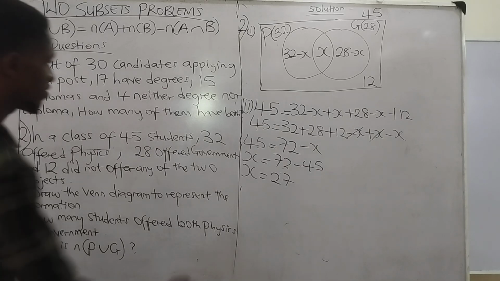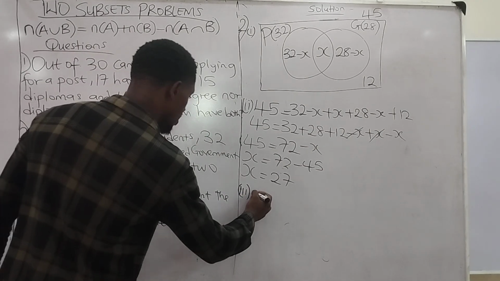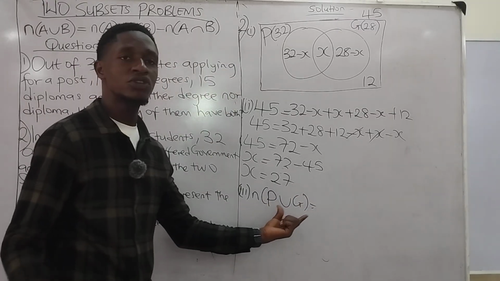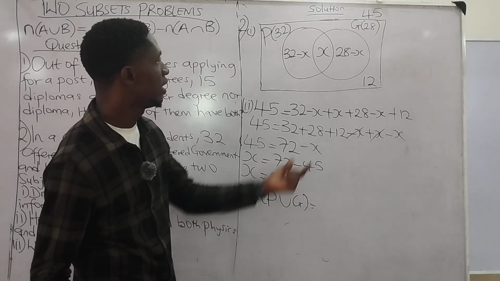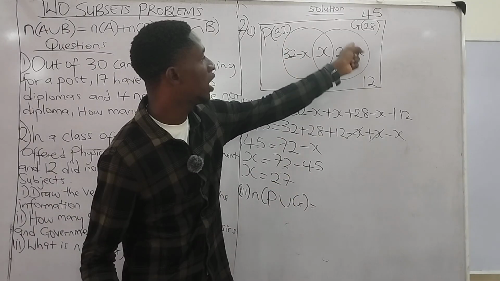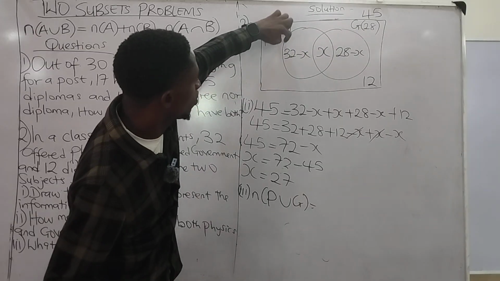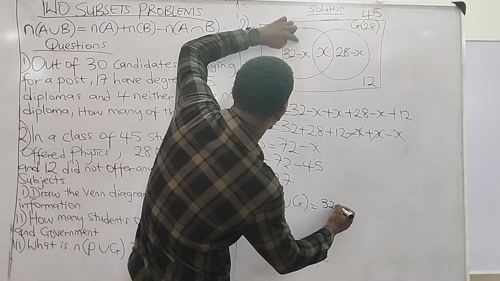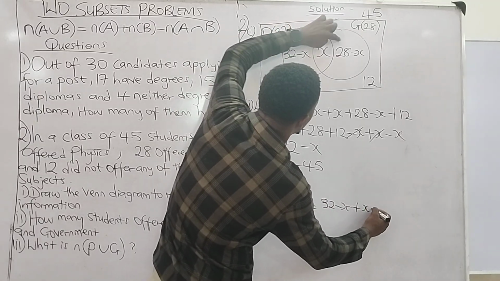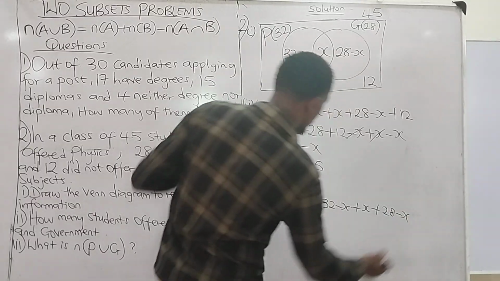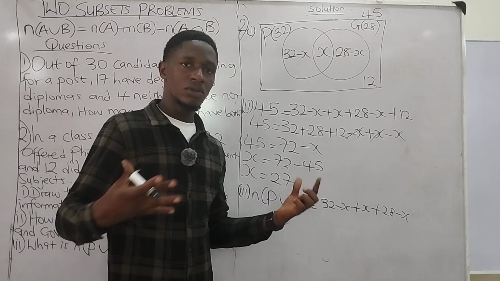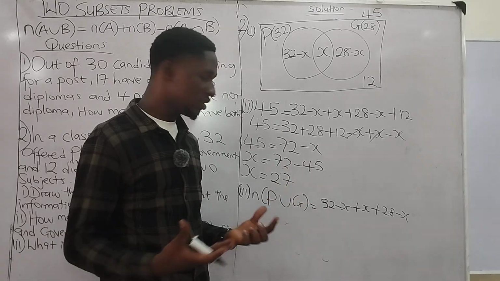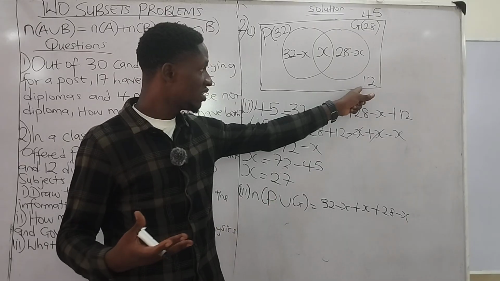So what is n(P union G)? Union means the combination of everything in both P and G. So this means 32 minus X plus X plus 28 minus X. They are asking how many of them offer either physics or government. But this neither is not part of them.